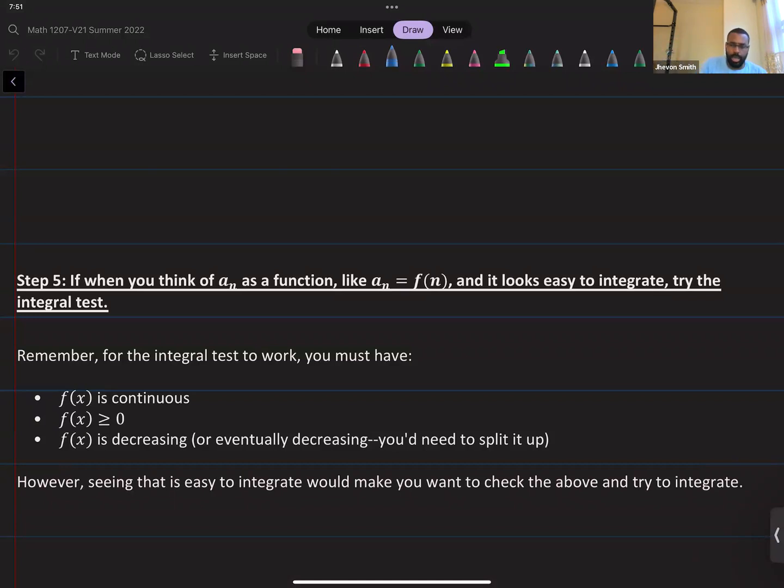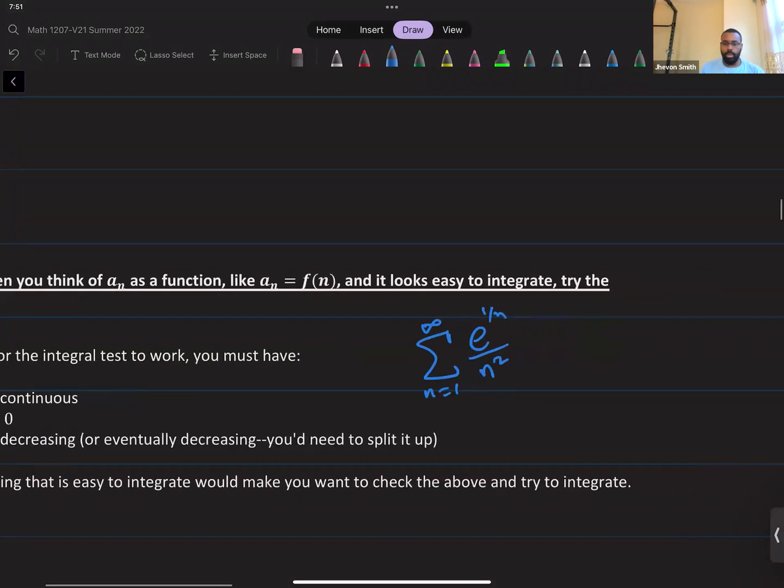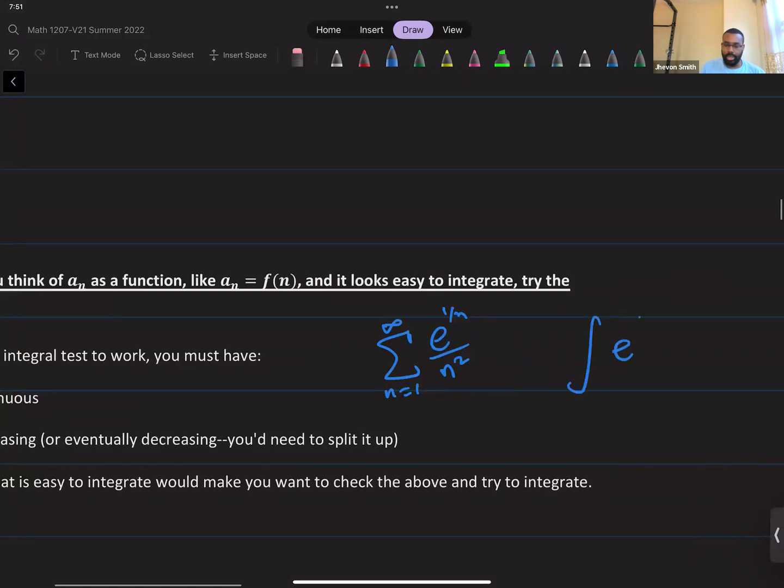So we did an example where it was e to the 1 over n, divided by n squared. If I just imagined that as an integral, e to the 1 over x, over x squared, I would know, hey, that's actually easy to integrate. That's just a substitution. u equals 1 over x, du is going to be minus 1 over x squared.